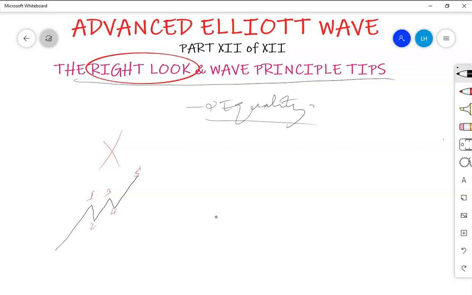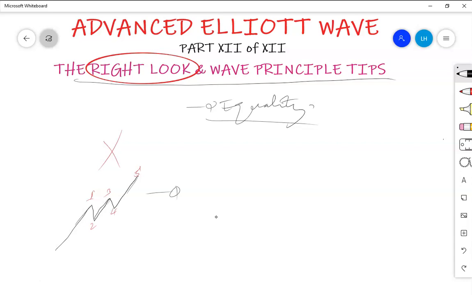When it attains equality, it has an equal distance traveled, and actually there will be no problem. But if it is the shortest compared to the first and the fifth, something will be wrong there. So now, what will be the right look if this one is wrong?